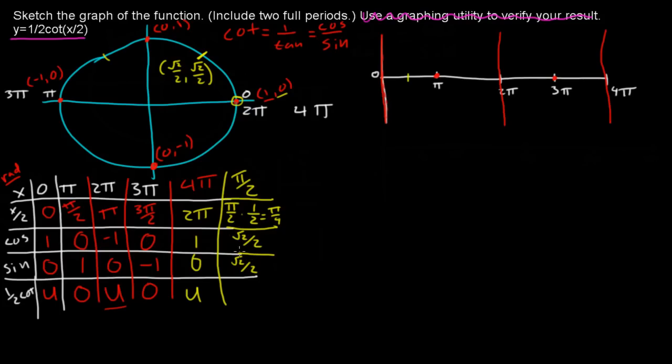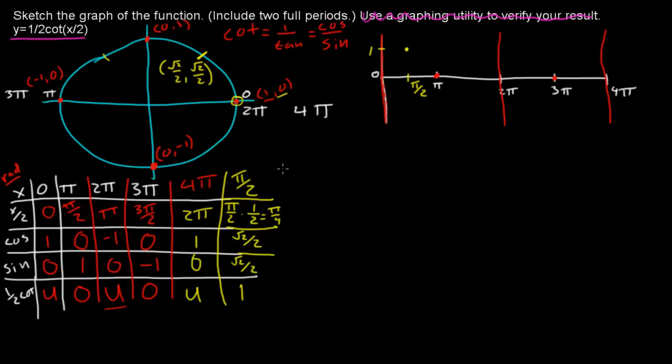So √2 over 2 divided by √2 over 2, you'll notice these are the exact same numbers. This would be like just dividing y by y, which will always give you 1. So here at pi divided by 2, we get the value 1. So we can go ahead and plot this point right here.